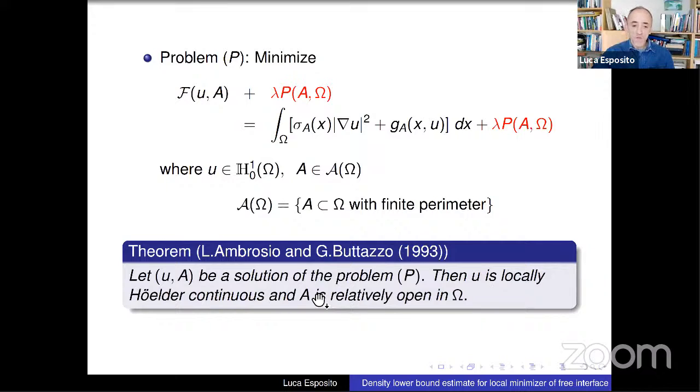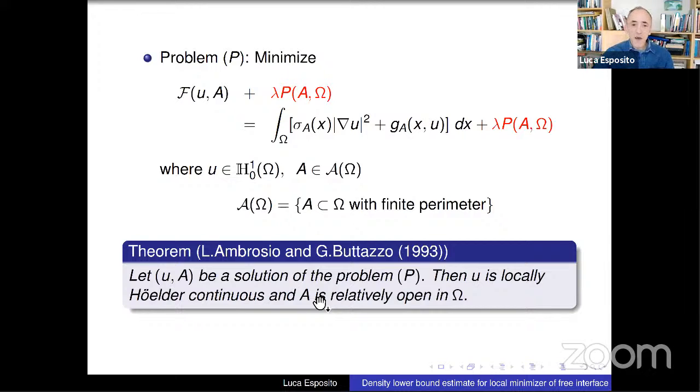Minimizers are Hölder continuous, and the set A is relatively open in omega. So this information is topological information, not regularity information for the set A, but it is on the road to prove the regularity of the set. So they are able to say that the set A is relatively open inside omega.